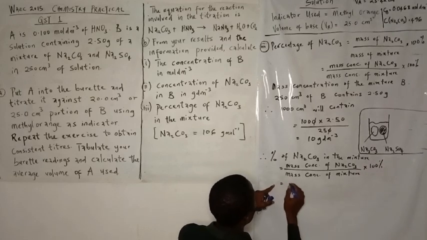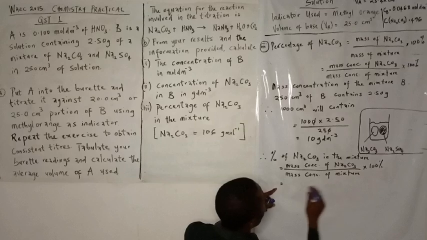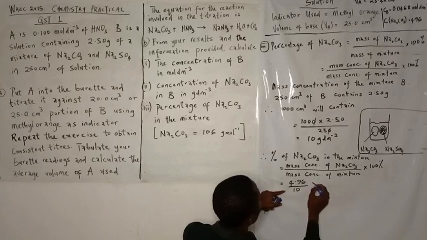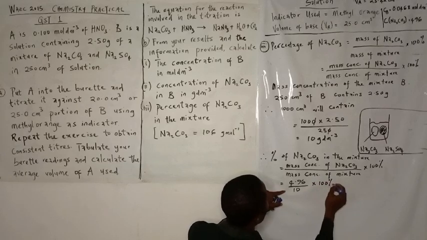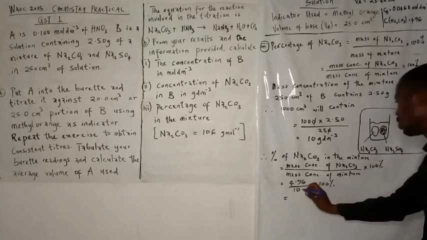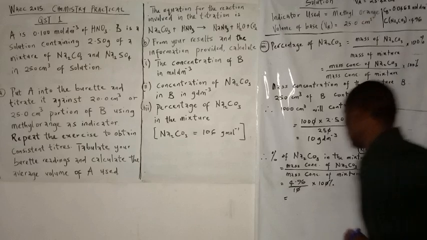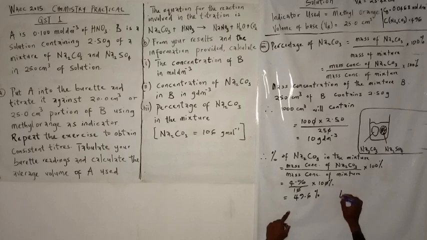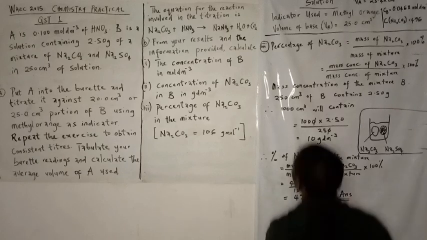So this will give us 4.96 divided by 10 times 100%. So 0 can take care of 0 here, and then we have 49.6%. So that is the answer. This is the final answer.